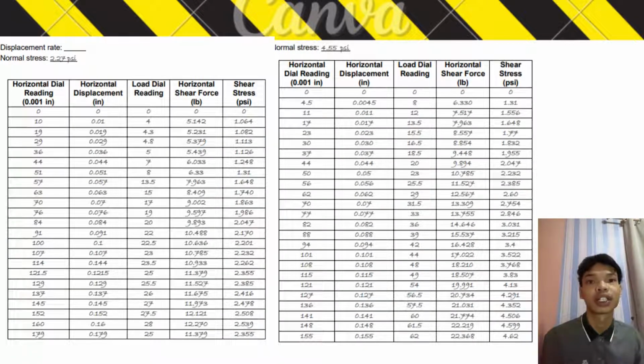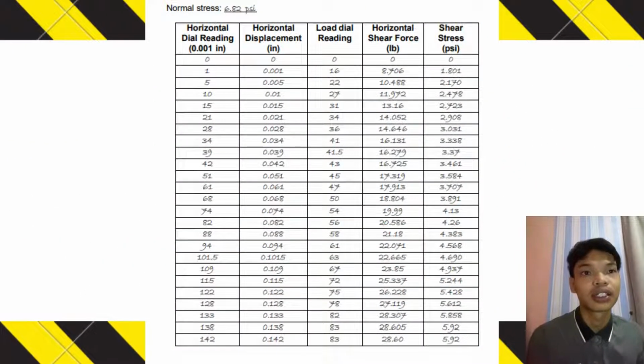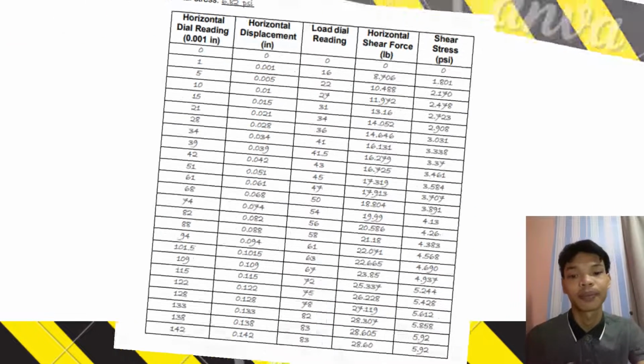Now I have three schedules. First, displacement rate A and displacement rate B. Displacement rate A, normal stress 2.27 psi. Okay, and displacement rate B, normal stress 4.55 psi. And displacement rate C, normal stress 6.82 psi.